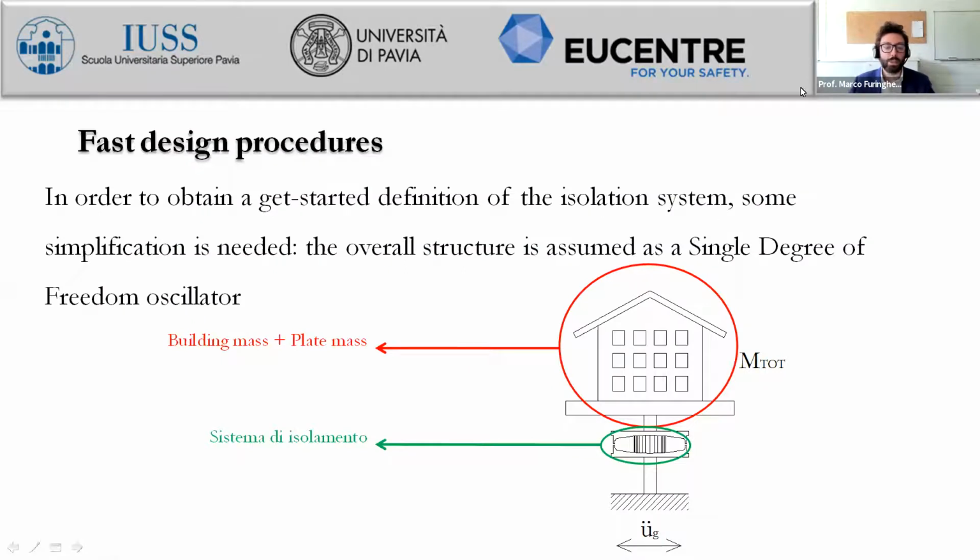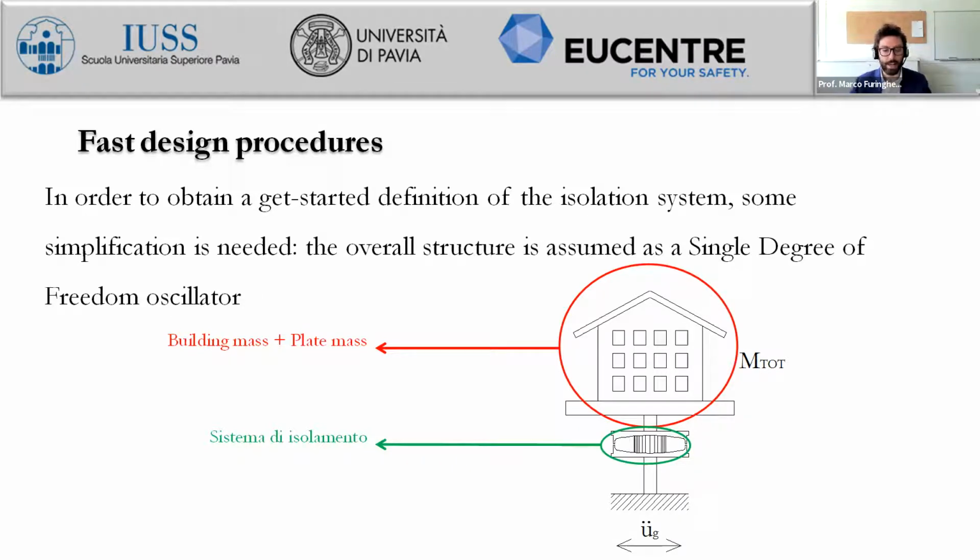We have to start by considering some simplifications of the overall system, simply because we just need to pre-design our isolation system. We will come up with dimensions and mechanical properties according to a given behavior that we assume at the beginning.